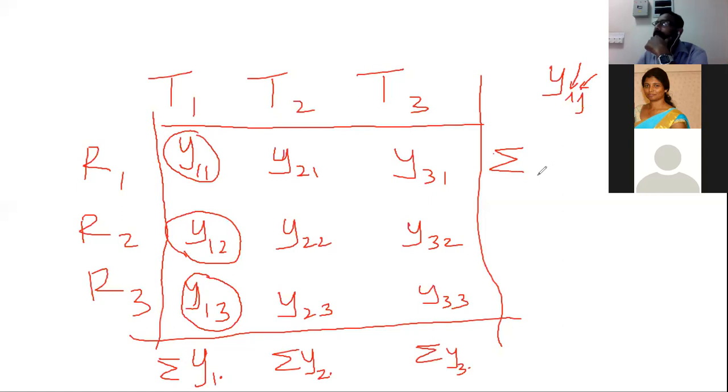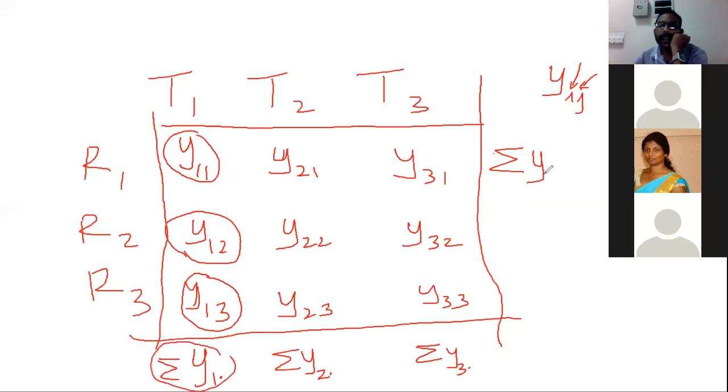I mean, actually, we don't want this information now. How can I write this, for example? Can somebody tell me? Summation y. Think in a similar way. Summation y dot 1. Exactly. That is the first replicate total, isn't it?